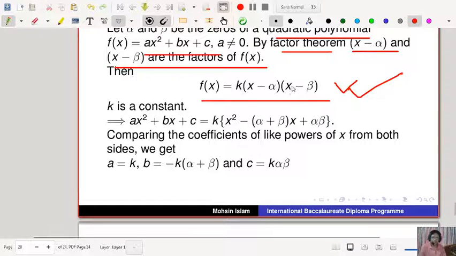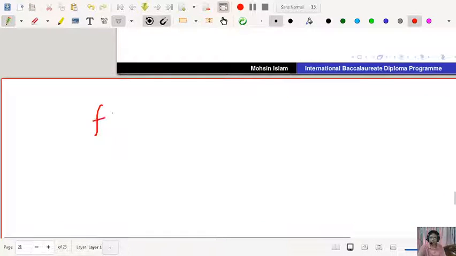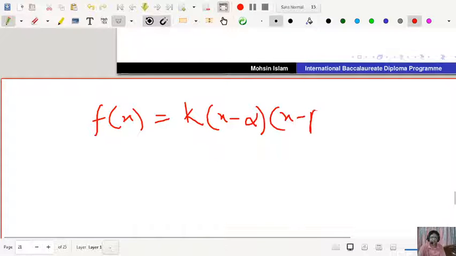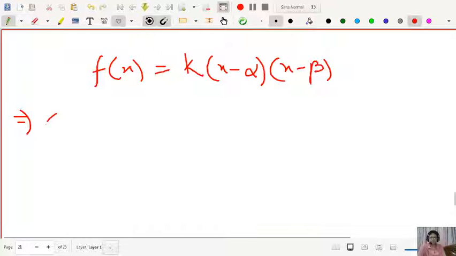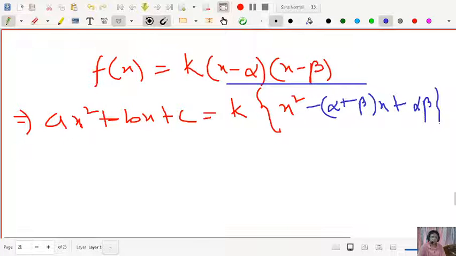If you expand the right hand side, you can write ax square plus bx plus c equal to k into x minus alpha into x minus beta, which is equal to k into x square minus alpha plus beta into x plus alpha beta.